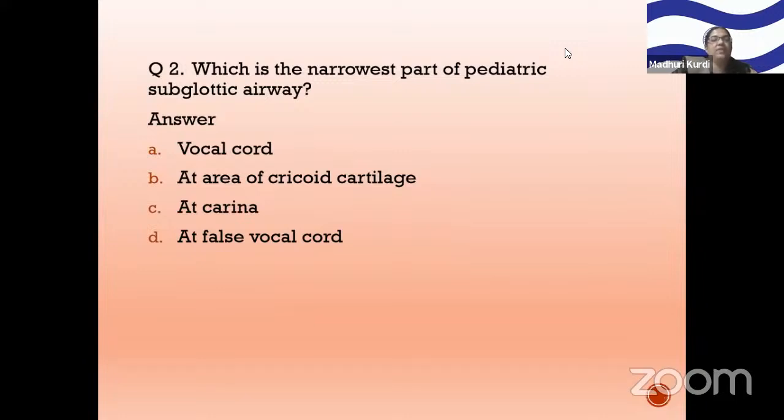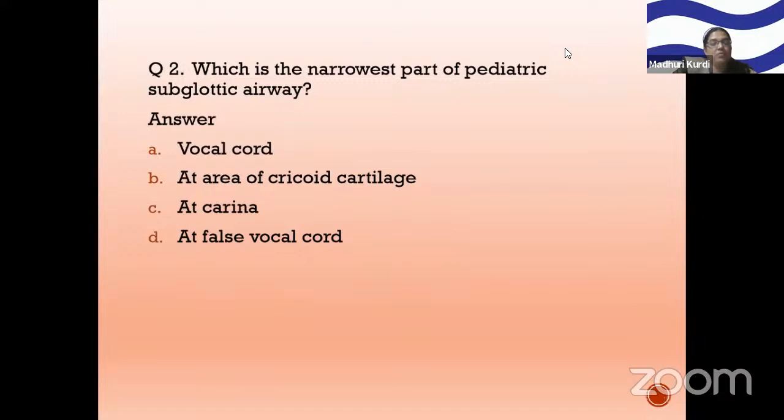We'll give 30 to 45 seconds for the answers. Meanwhile, Dr. Appo and Dr. Animesh, your voice is echoing. Please take care. Choices are vocal cord, at the area of cricoid cartilage, at carina, and at the false vocal cords. Which is the narrowest part of the pediatric subglottic airway?